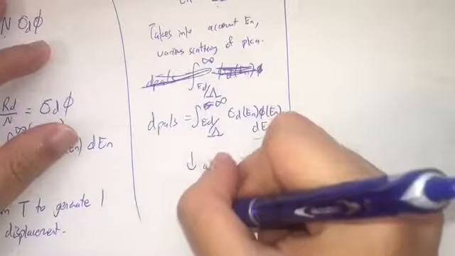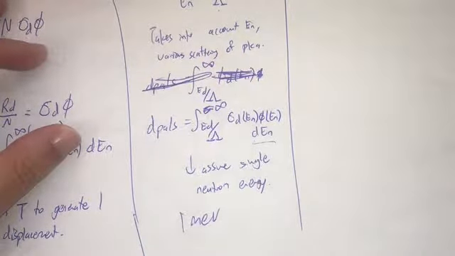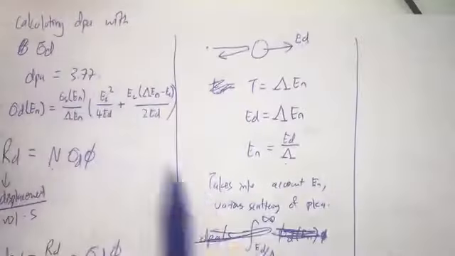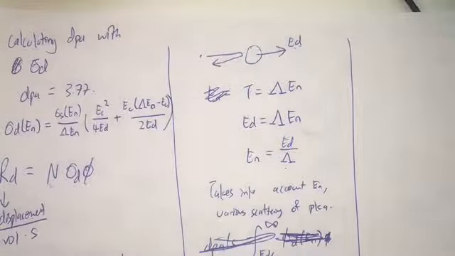Okay, 1 MeV. So we have already derived the expression to do the so-called full-fledged calculation. And now let's do the simplified calculation. Let's see how the dPa scattering at various energy will affect the dPa.